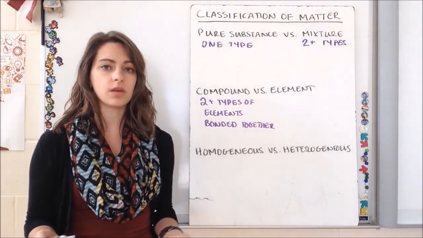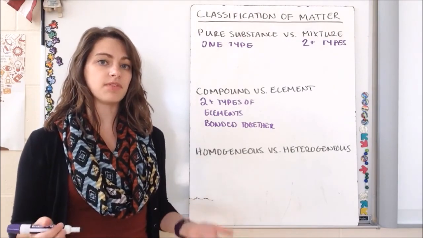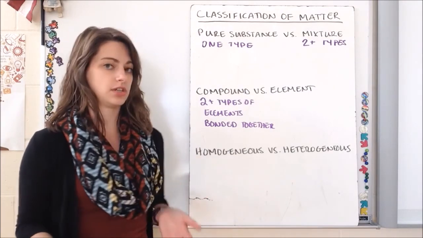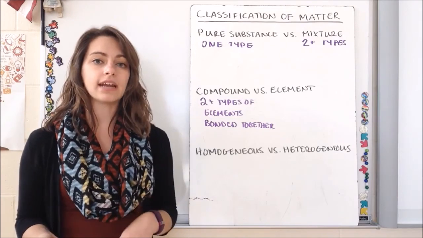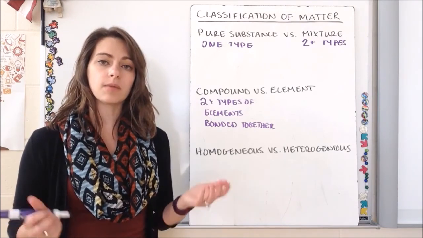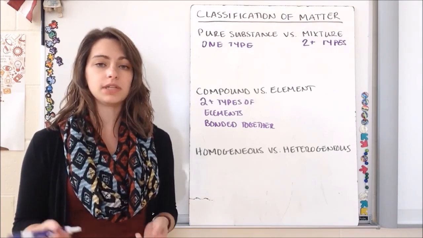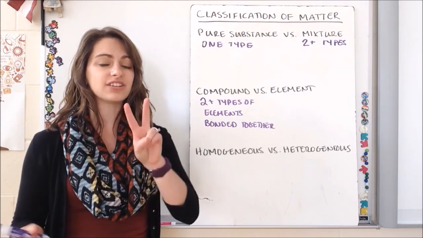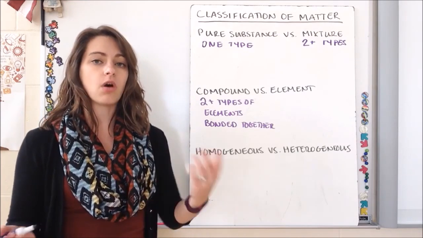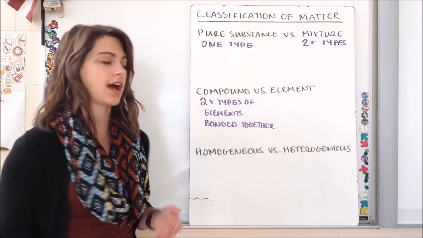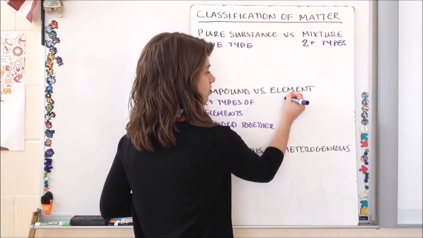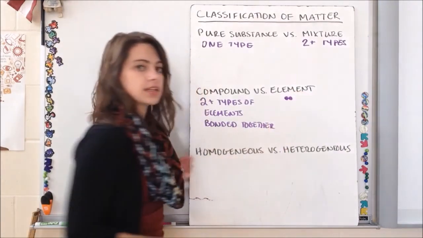Now, an element has only one type, and there is a type of element that is a little bit of an exception to this rule, and that is called a diatomic element. Some of our elements are diatomic, which means they're made up of two pieces, but they're the exact same thing. A particle diagram for a diatomic element would look something like that.